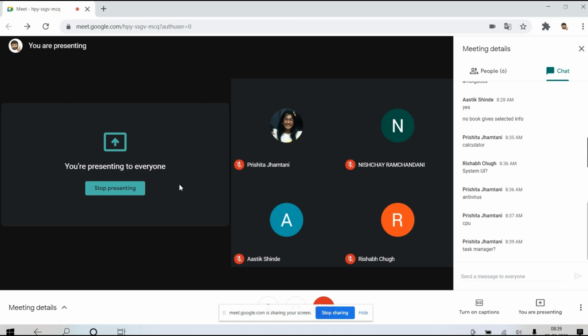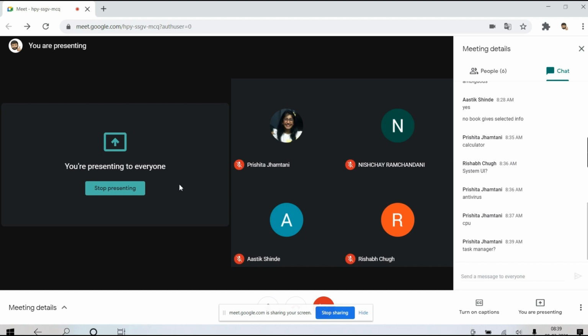But task manager is just a utility which tells you which programs are running. Your MySQL is running, your Oracle is running, so many programs are running. So it just gives a list. Rishabh should answer.